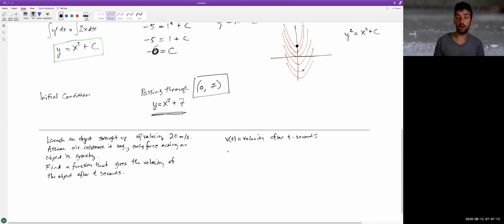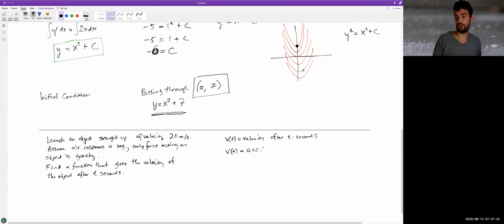And what we know is v prime of t, when we take the derivative of velocity, we get the acceleration. This is a measure of how the velocity is changing. Here's where we're going to pull in some physics facts.